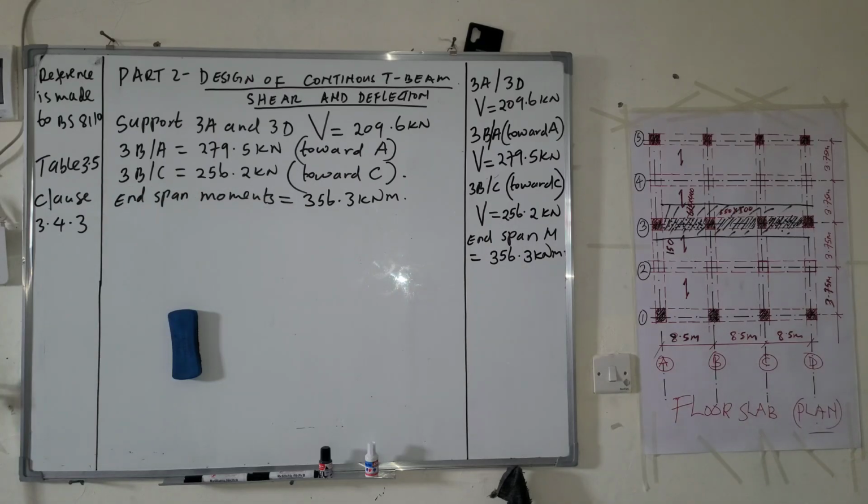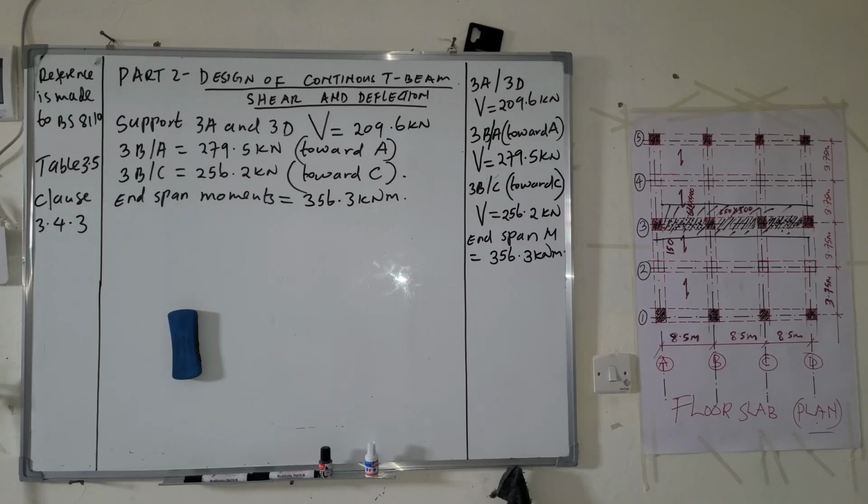So in this table 3.5, for you to use such a table, there is some condition which is stated in clause 3.4.3. The condition for you to use such a table to obtain design moment and shear force is, number one, the GK must be greater than QK.